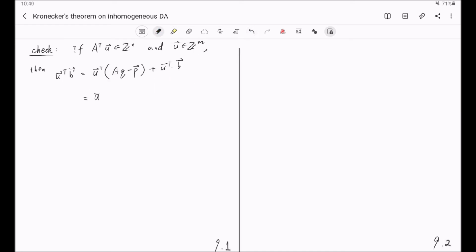the first part is u^T A times q minus u^T p, and u^T A, which is a transpose of this, is an integer row vector. So this part is in Z^n transpose.